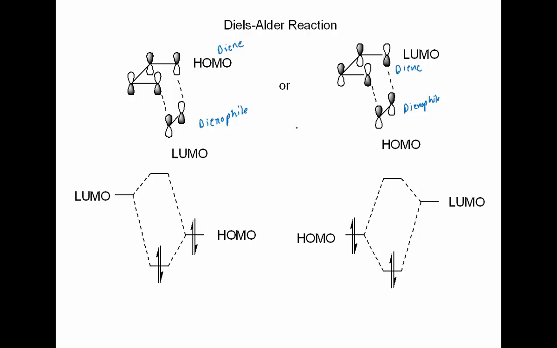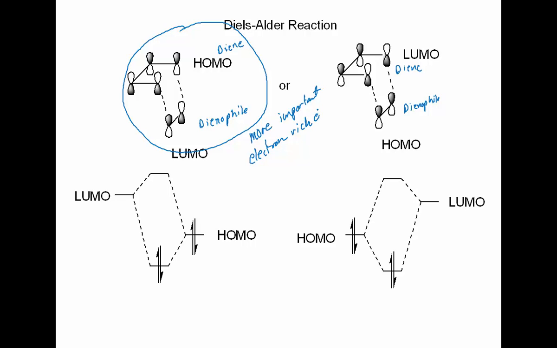This one, it turns out, is going to be more important for electron-rich diene plus electron-poor dienophile.